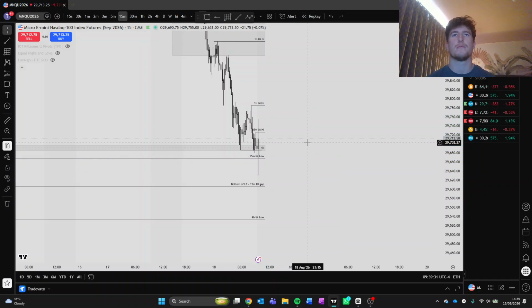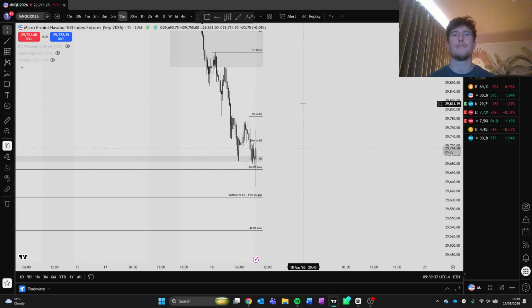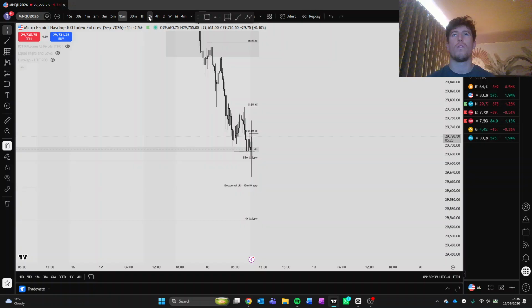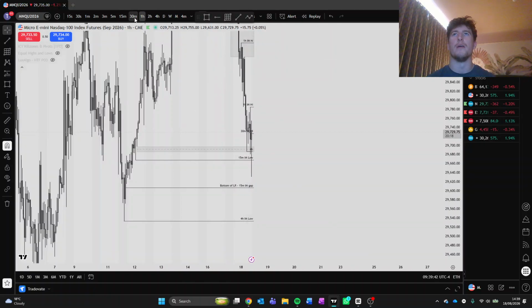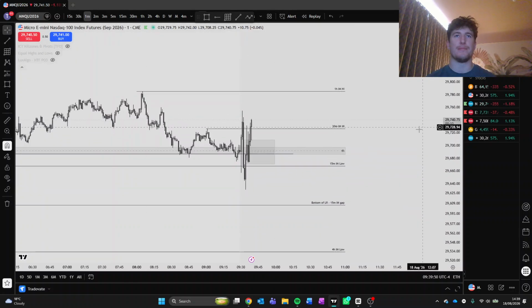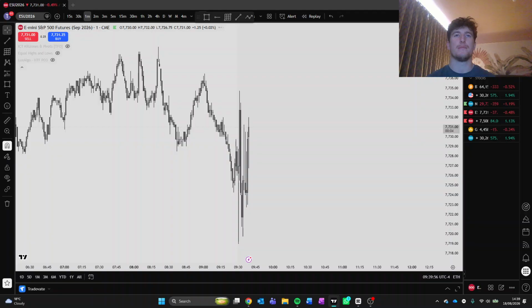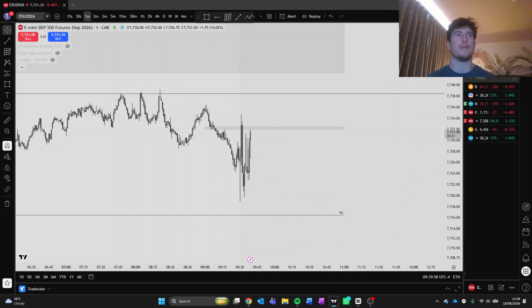So I kind of see equal highs up here. Even though I swept into the 1 hour, we haven't swept this. Oh my god, I'm so tired today. Yeah, I guess it's chopping around as well.